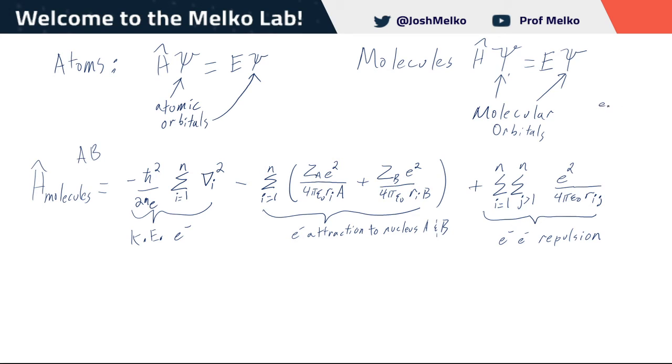But now if I have electron 1, electron 2, and electron 3, well, now I have to worry about electron 1 interacting with electron 2, and there's some distance between these two, R1,2. But I also have to worry about electron 1 to electron 3, R1,3, and the term from that. And then also electron 2 to 3, R2,3. So that's all encompassed here with this sort of notation.